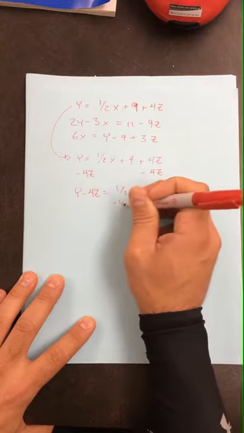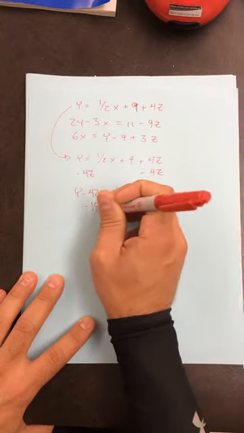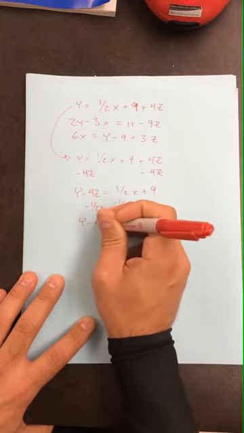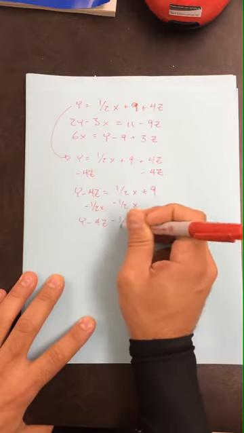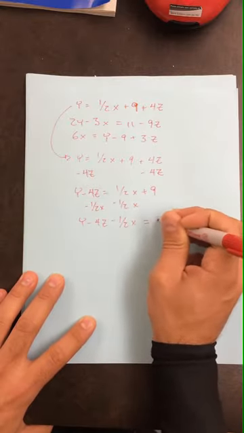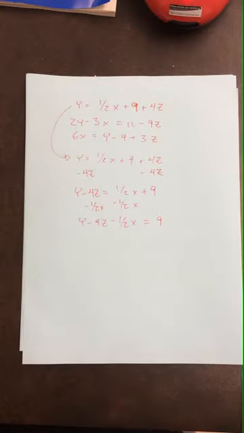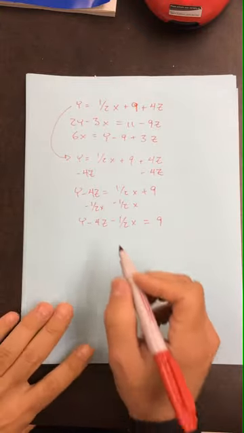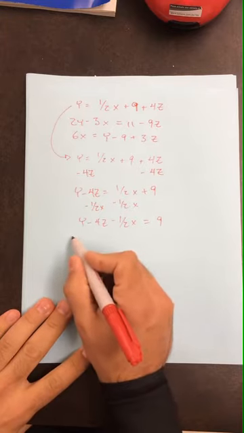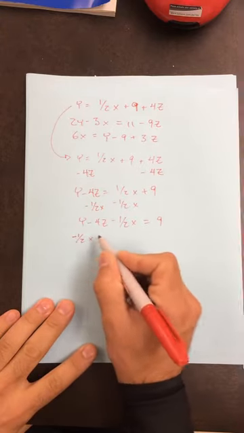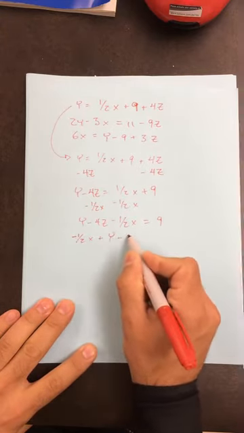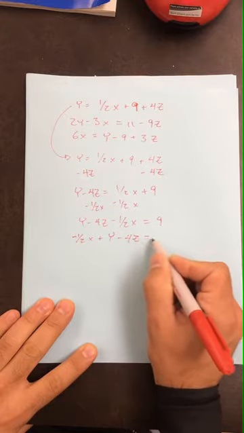I'm going to subtract 1/2 x from each side. Now all the variables are on the same side, but like my last one, I want it to be alphabetical. So I'm going to change the order of this to be negative 1/2 x plus y minus 4z equals 9.